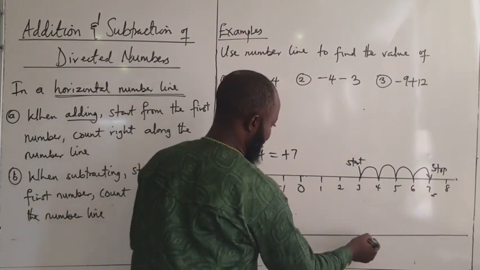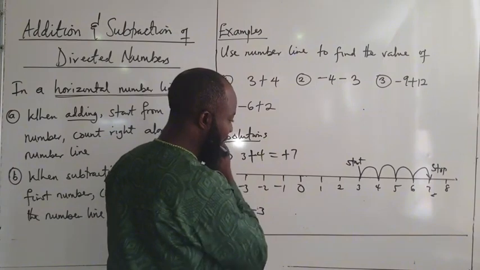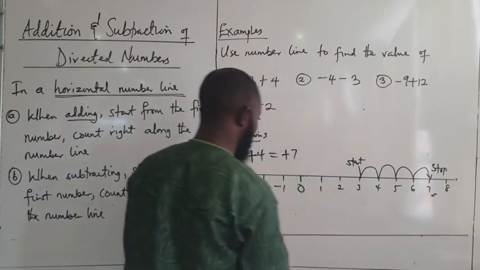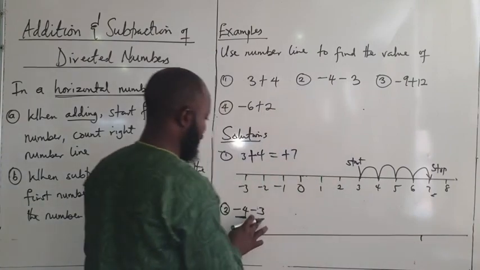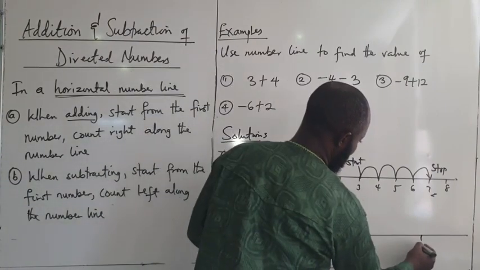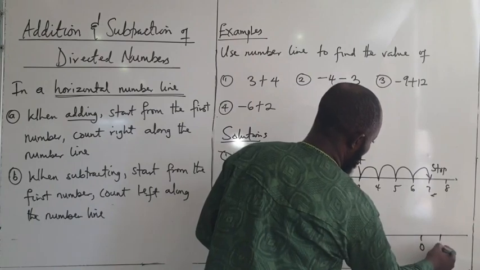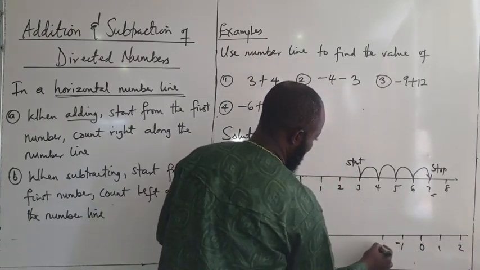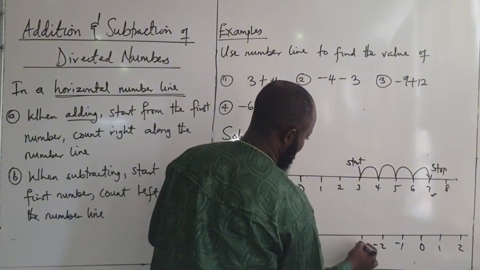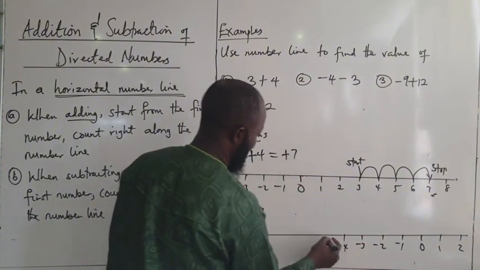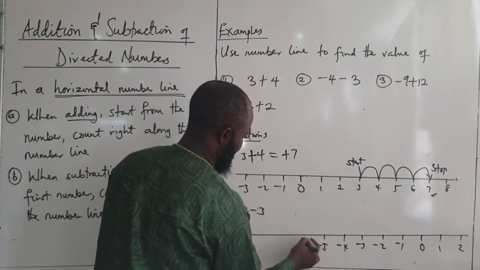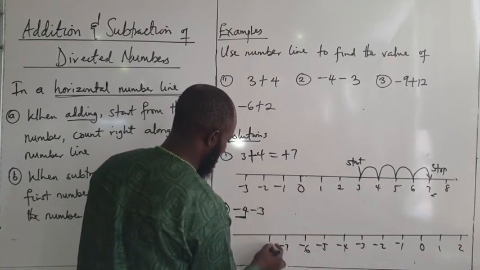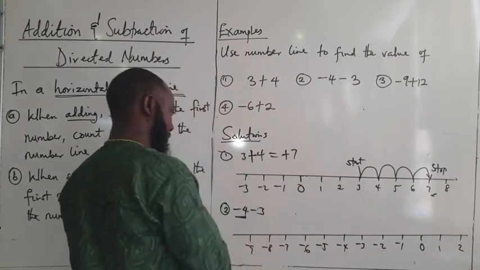Let's bring 0 to this side, because we're going to have more negative numbers. So this is going to be 0, 1, 2. Then minus 1, minus 2, minus 3, minus 4, minus 5, minus 6, minus 7, minus 8, minus 9. It can continue like that.